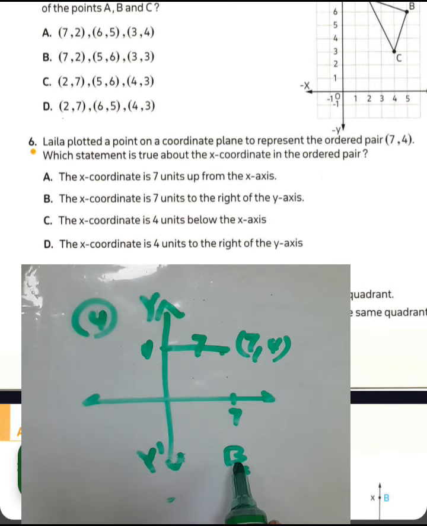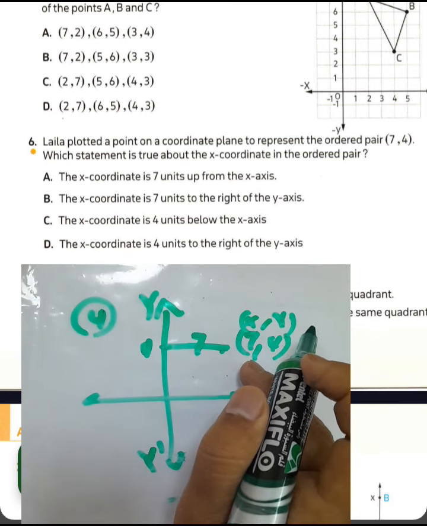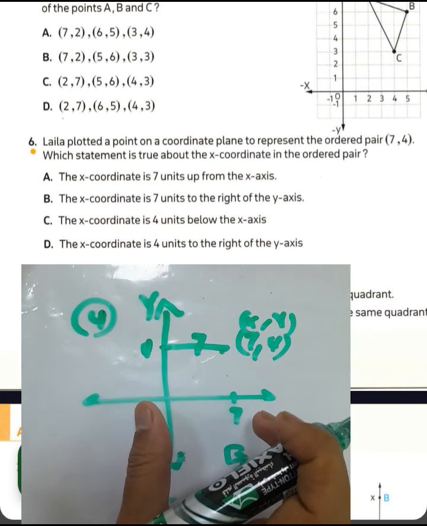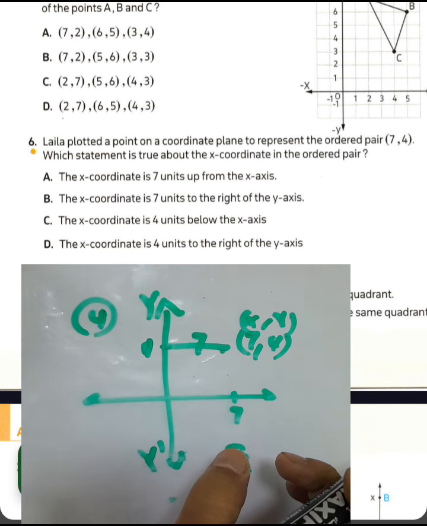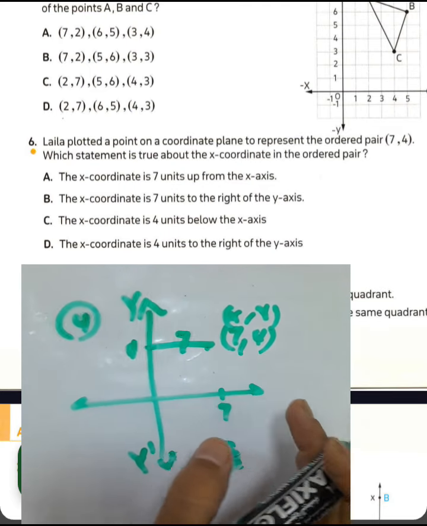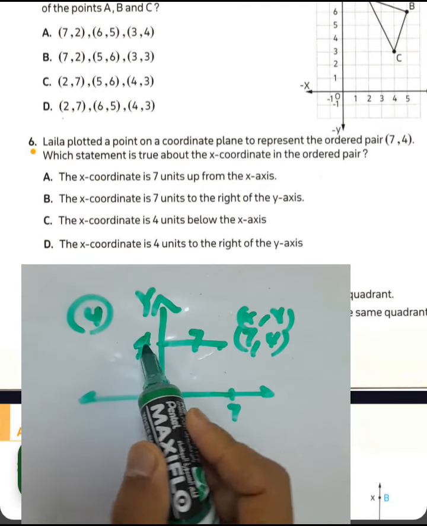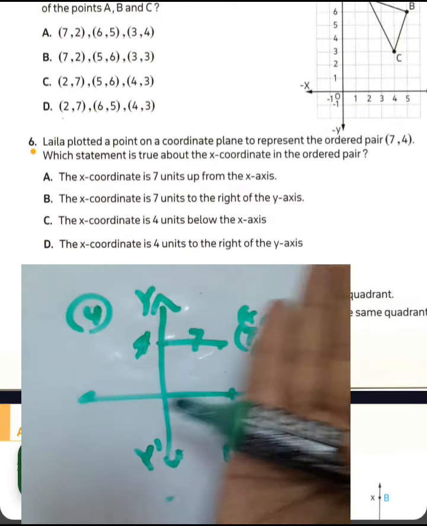Here we have x and y. The x-coordinate is 7 units to the right of the y-axis. Okay, the y-axis here, right of the y-axis by 7 units.